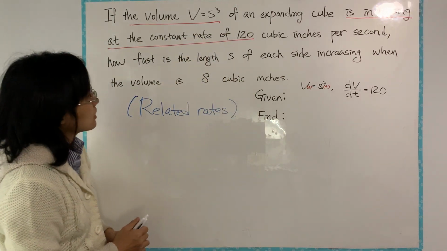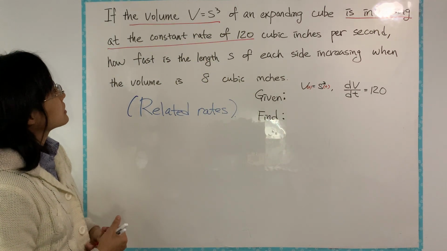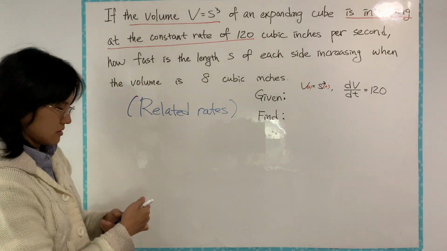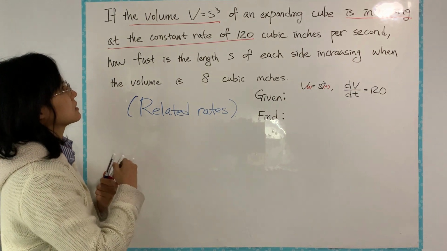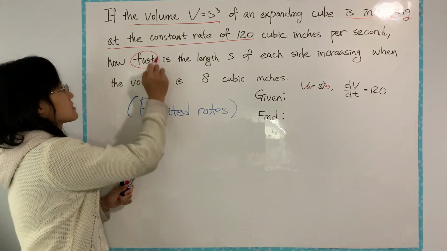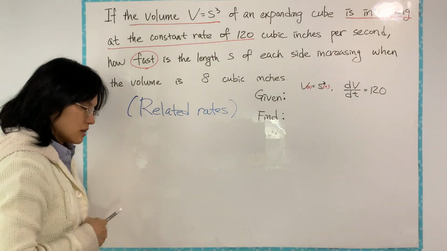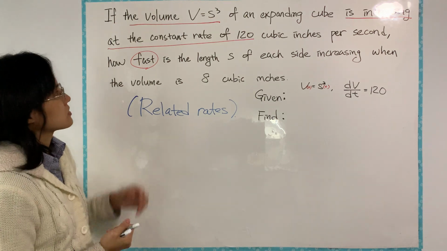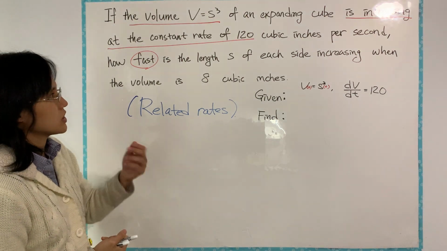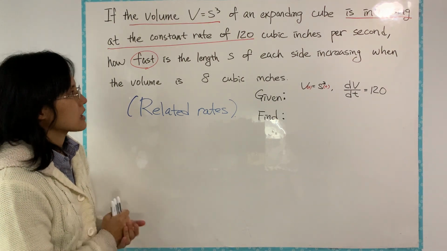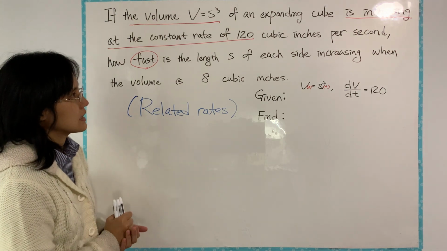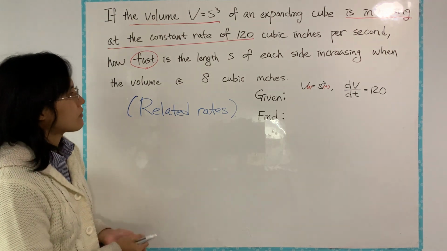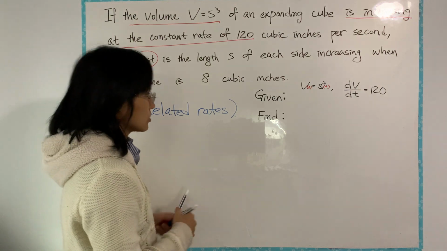So what are you looking for then? How fast? That's another key word. Fast means rate of change, like how slow, how fast is talking about rate of change. How fast is the length S of each side increasing when the volume is equal to 8?